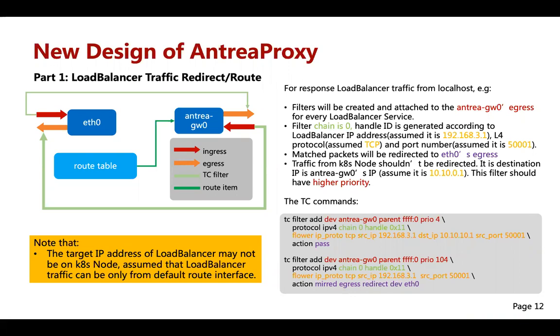And then we should add a higher priority filter to match the traffic whose request traffic is from entry gateway, and then we can bypass the traffic back to entry gateway. And the left traffic is for the default route interface. Okay, next one.